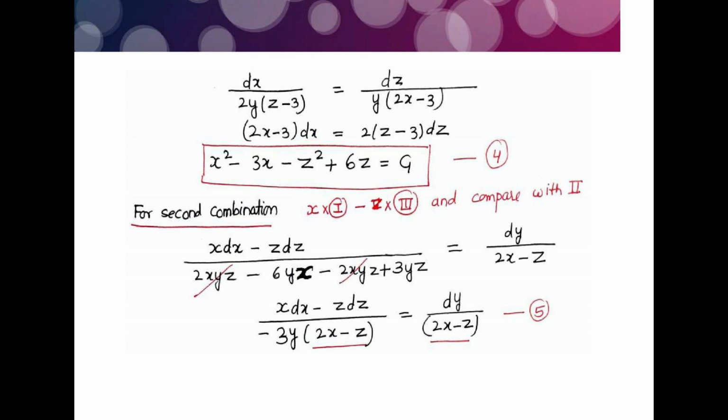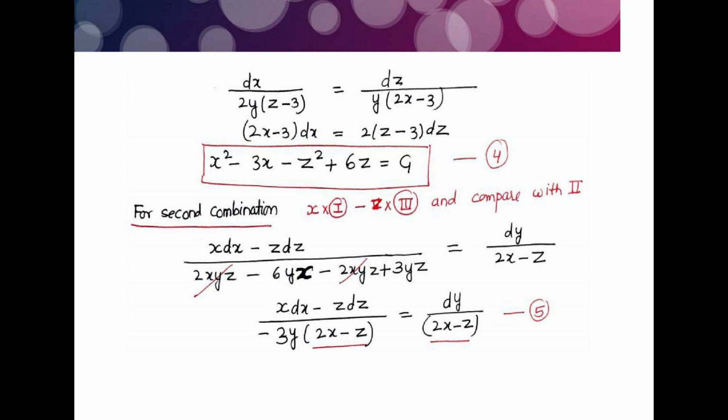Now we have to look for the second combination. Till now we have not used the second ratio, so we have to use that. If you see the denominator of that ratio, we have 2x minus z.